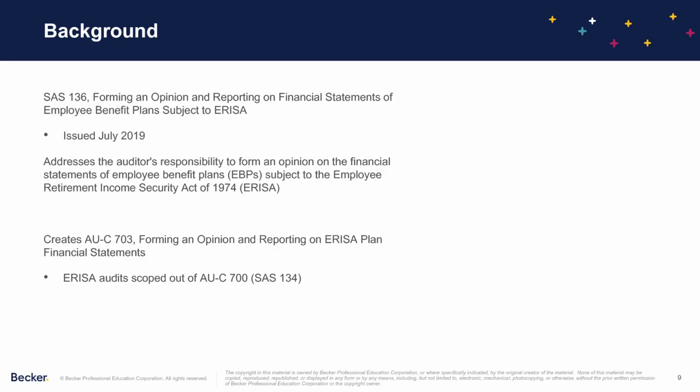And if you took the Becker course on SAS 134, when we talked about AUC Section 700, one of the first things that I mentioned was that there was a scope out in 700, which is your basic audit report, right? No modifications, no emphasis paragraph, right? Your basic report. ERISA audits were entirely scoped out.